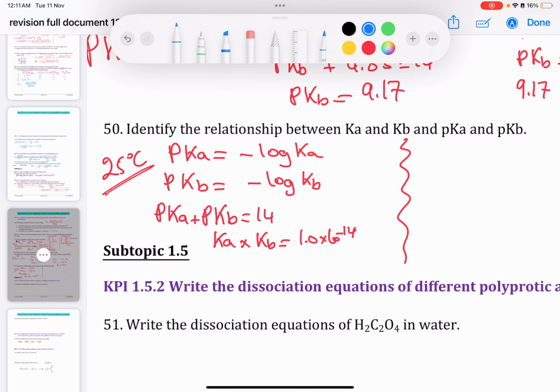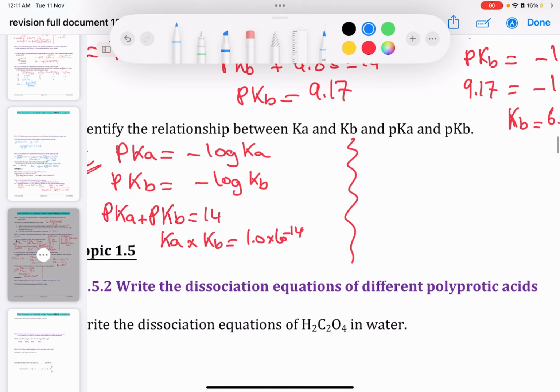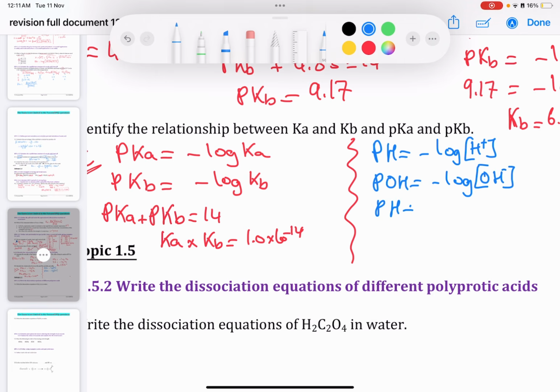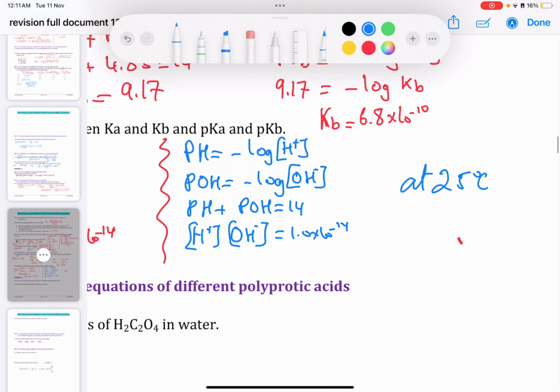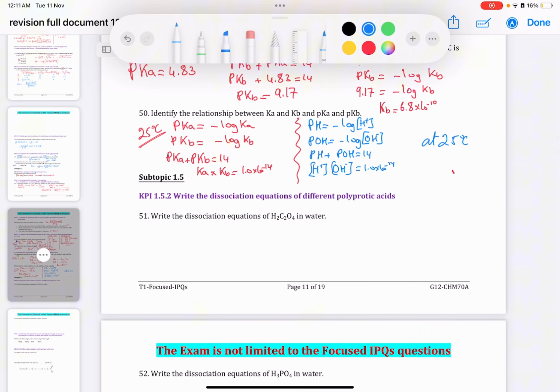On the other hand, I'm just gonna remind you, pH is minus log H plus, pOH is minus log OH minus, pH plus pOH is 14, and H plus multiplied by OH minus is 1.0 times 10 to the power negative 14, only at 25 degrees Celsius. You have to mention this. Let's continue.